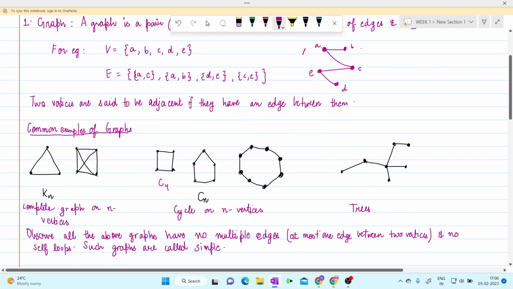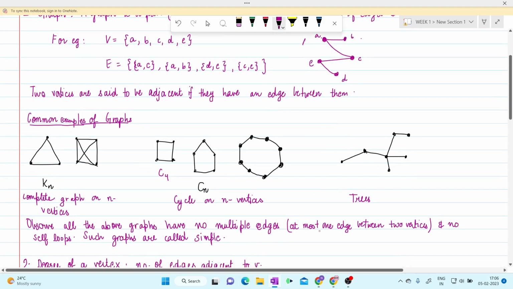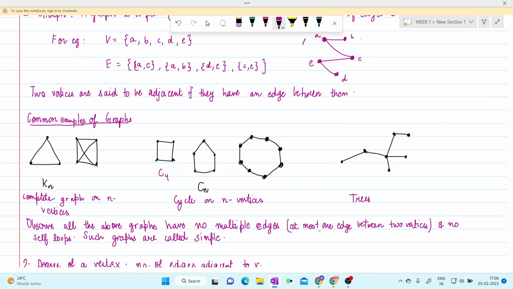Now you can see in all these above examples, complete graphs, cycles and trees, we don't have any multiple edges. That is, we don't have any parallel edges. That is, if we have two vertices, there is at most one edge between them. So all the above examples are examples of simple graphs.